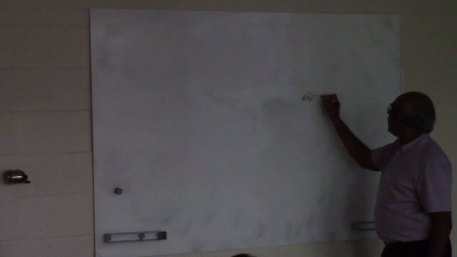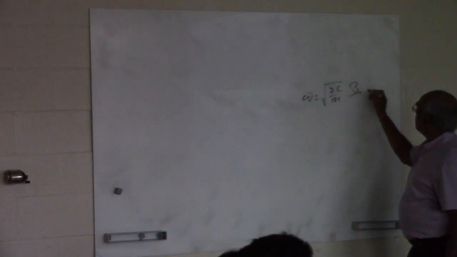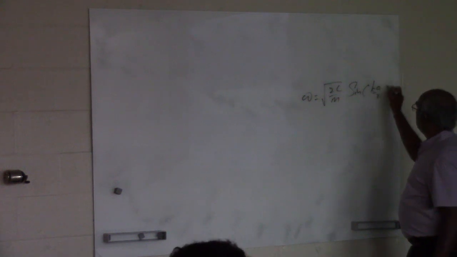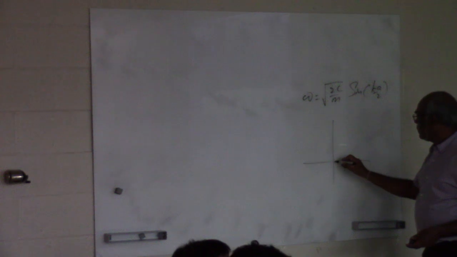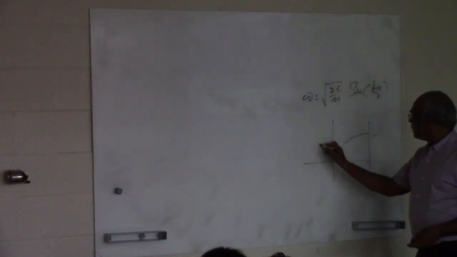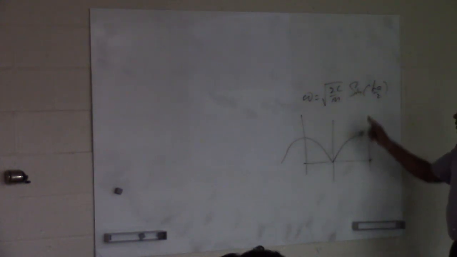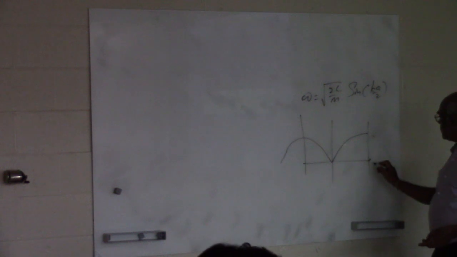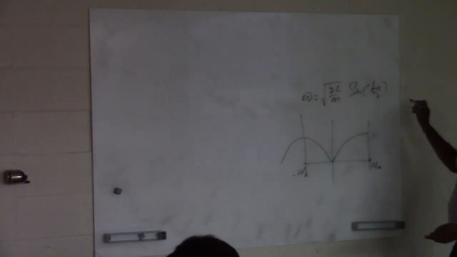So in the single monoatomic case, if you remember, your omega was simply 2C over m sine k a over 2. Very simple, right? The sine relationship. Basically, you have this sine curve, right? So this is what we had for the monoatomic case, from minus pi over a to pi over a. This is the sine curve, right?